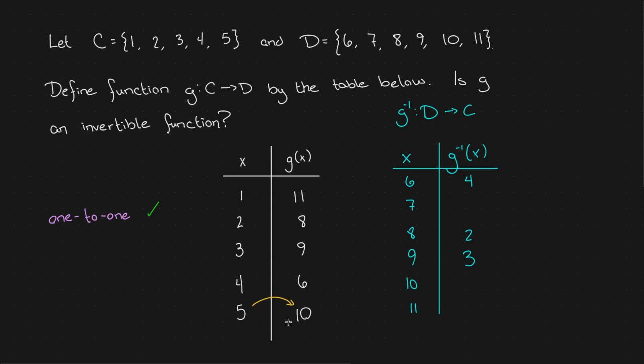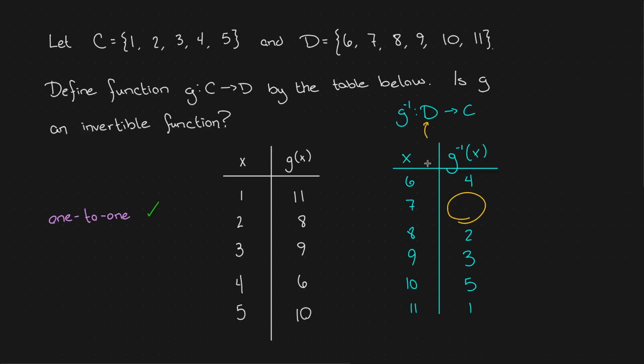G of 5 is 10, so G inverse of 10 is 5. And I could do 11. G of 1 is 11, so G inverse of 11 is 1. But there's no 7 in the image of function G. Nothing maps to 7 in the codomain. There's nothing there, which means G inverse doesn't make sense as a function.